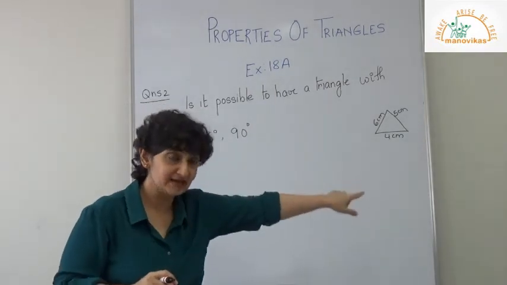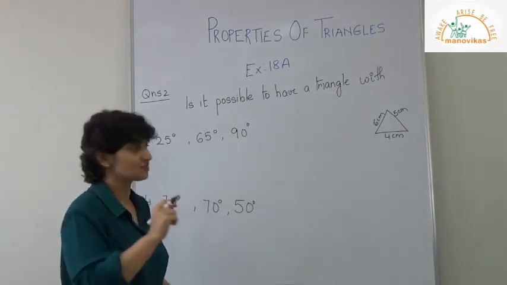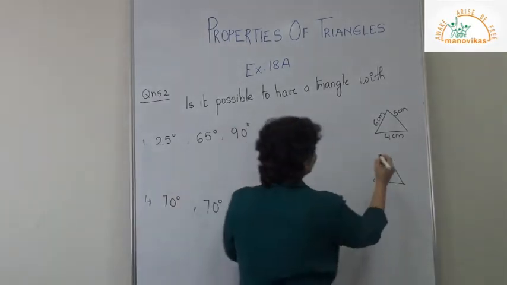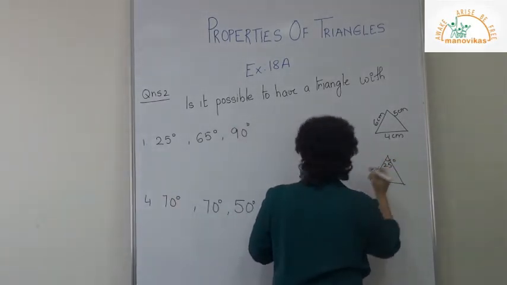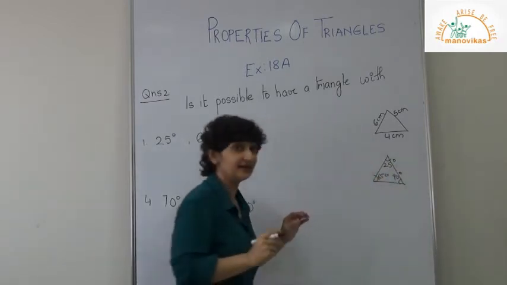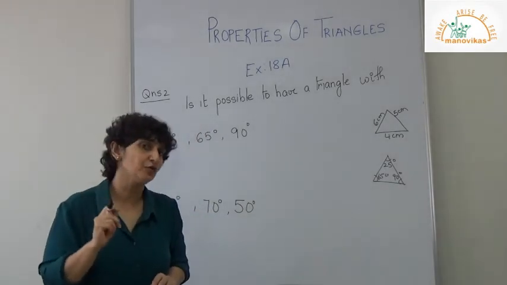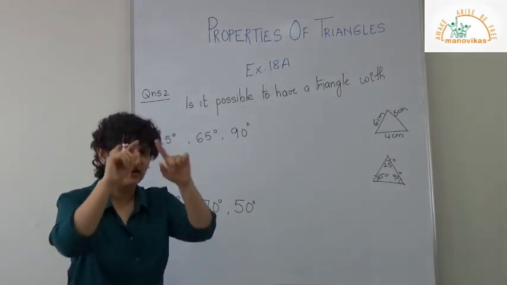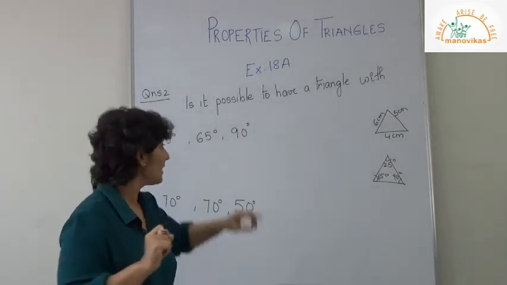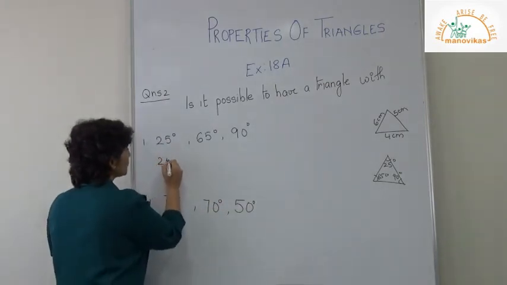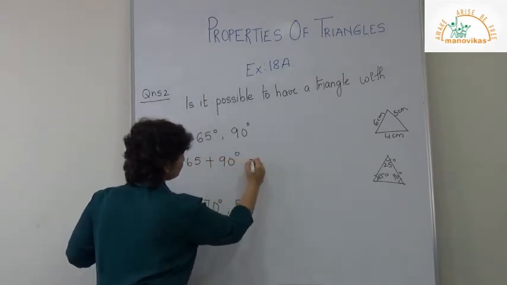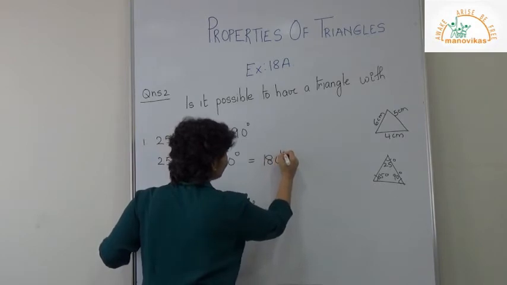Now, instead of the sides, they have given you the angles of a triangle. Notice I have this as 25 degrees, this is 65 degrees and they say this is 90 degrees. Now you know the properties of your triangle. What does it say when you need to draw a triangle? The sum of the angles of a triangle should be equal to 180. So when I add 25 plus 65 plus 90, this gives me 180 degrees, correct?